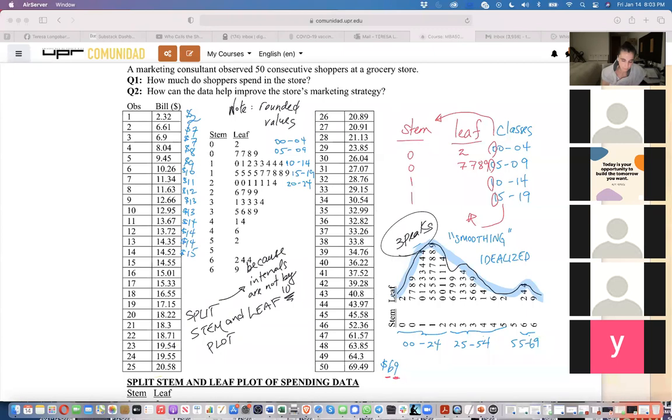So what we do is we use this formula: n+1 divided by 2 gives the middle. If you begin with all of your data, we had 50 observations here, right?